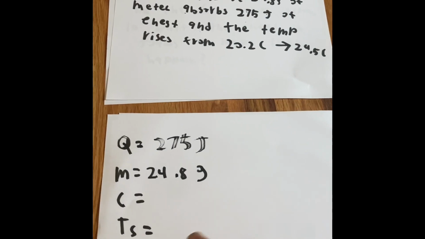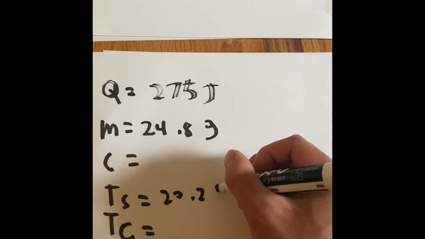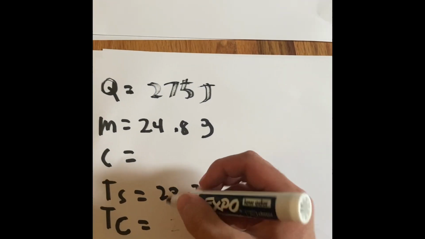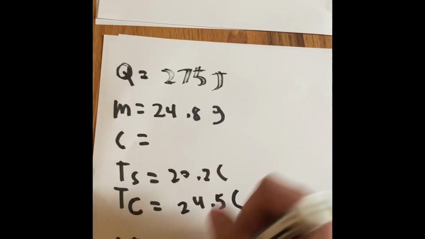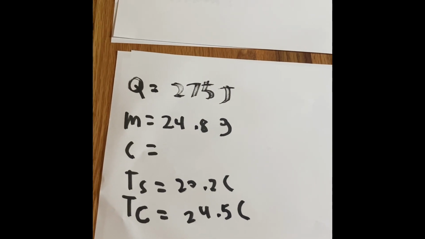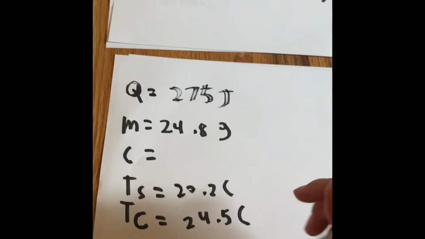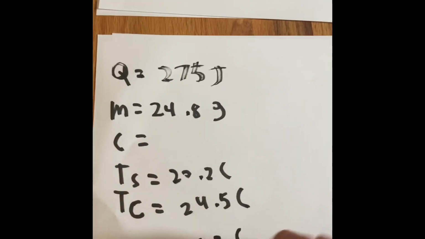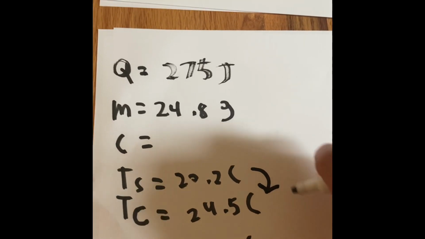The initial temperature is the one before, so 20.2 Celsius, and the final was 24.5 Celsius. When you find your change in temperature, that is the difference between these two, so we say 4.3 Celsius. That's how much has changed to get from here to here.